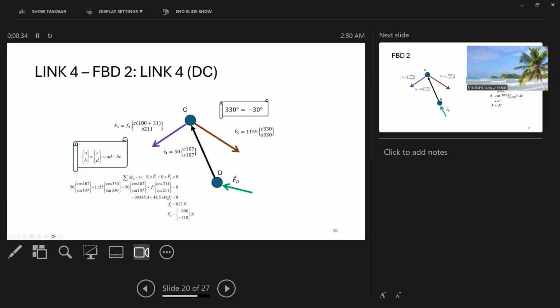I think in the Valdivia we got 808. But here I got 812. There are some errors due to the number of decimal places that I chose.